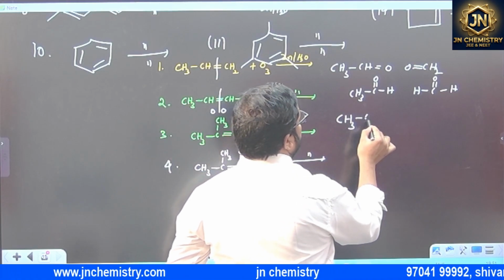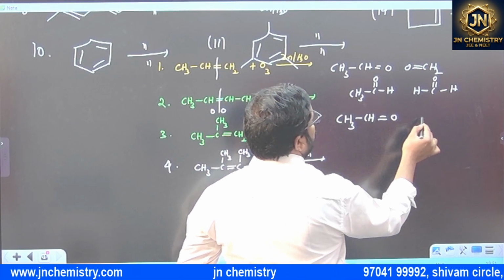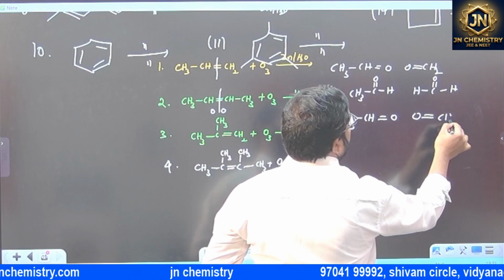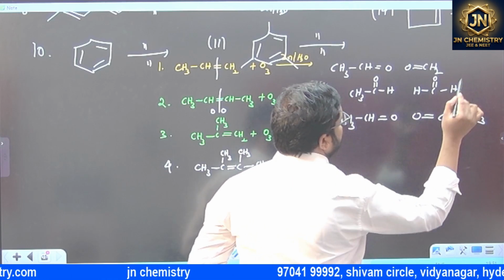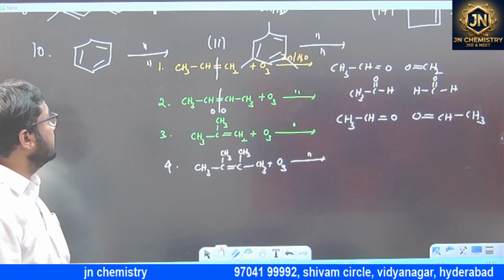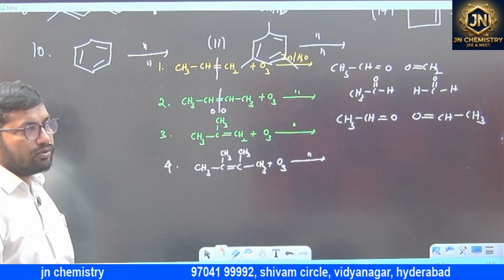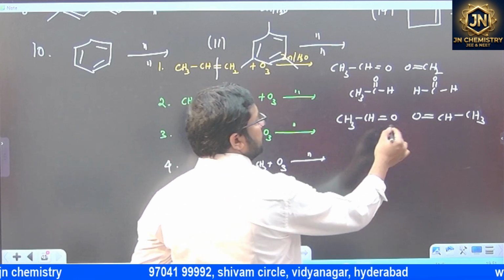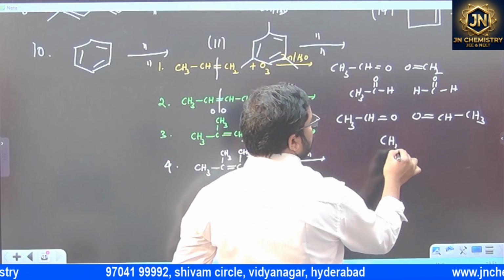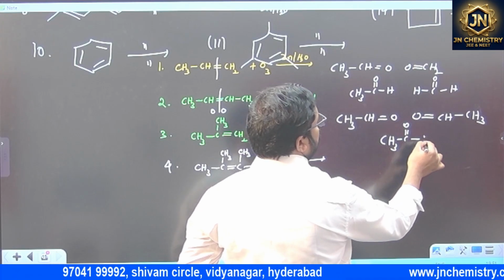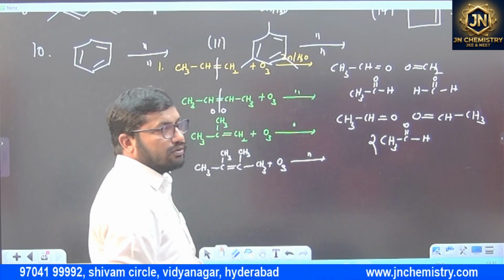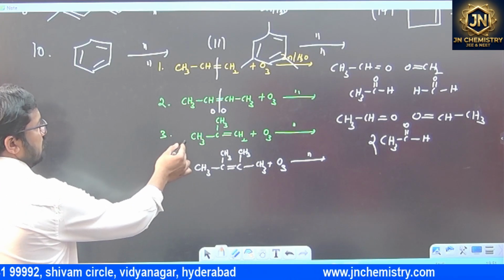CH3, CH double bond O, CH, CH3. Acetaldehyde, 2 moles. This is right. CH3, C double bond O, 2 moles of acetaldehyde.